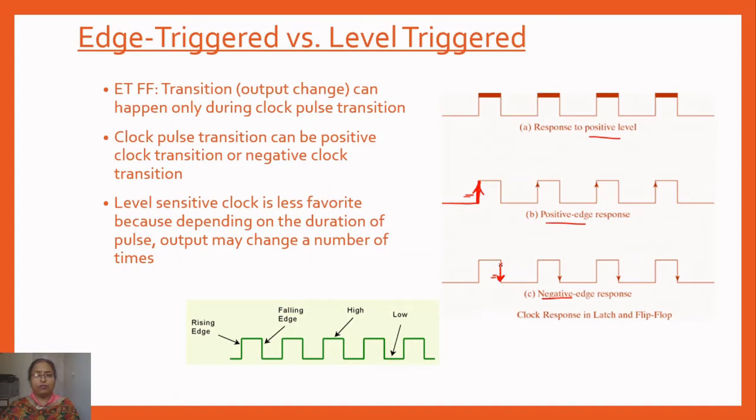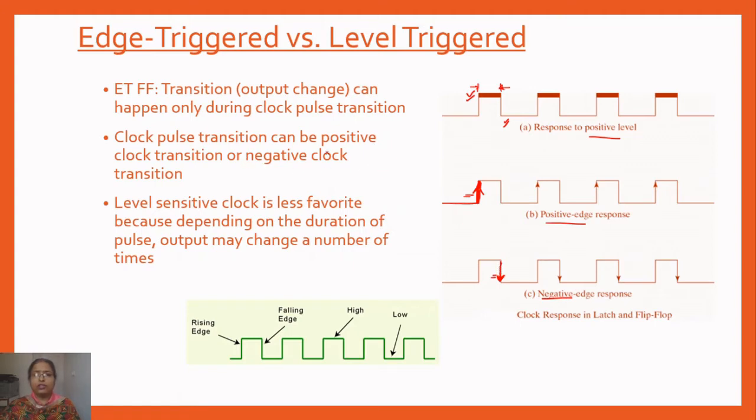Another type of operation can take place at the levels of the clock. So it can be a level triggered flip-flop. In the level triggered flip-flop, for the whole duration there can be changes in the flip-flop, which can occur any number of times. Whereas in the edge triggered flip-flop, the change in the output will take place only at these edges, right?